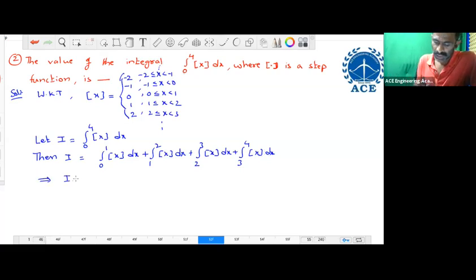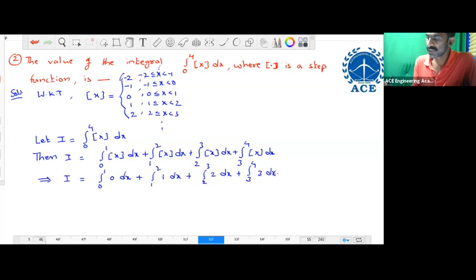Which implies I equal to integral 0 to 1. For the 0 to 1 interval, the function is 0. Plus for 1 to 2, the step function is 1. Plus for 2 to 3, the step function is 2. Plus for 3 to 4, the step function is 3, dx. The step is removed.